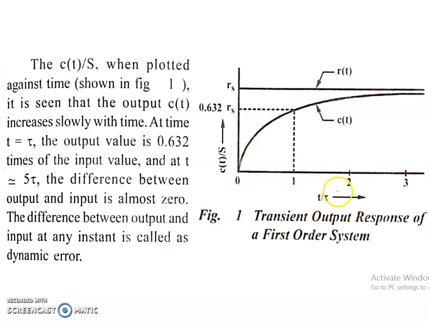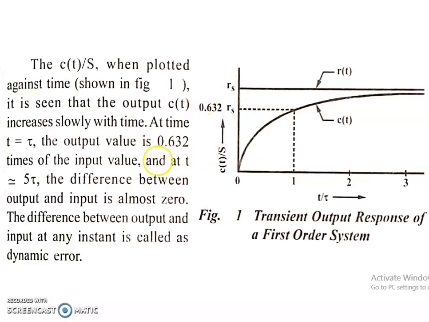When the t by tau value becomes equal to 1, meaning when the time becomes equal to the time constant, the output of the system will be equal to 0.632 times the input supplied. And as the value of t by tau increases and becomes approximately 5, the output will be more or less equal to the input.